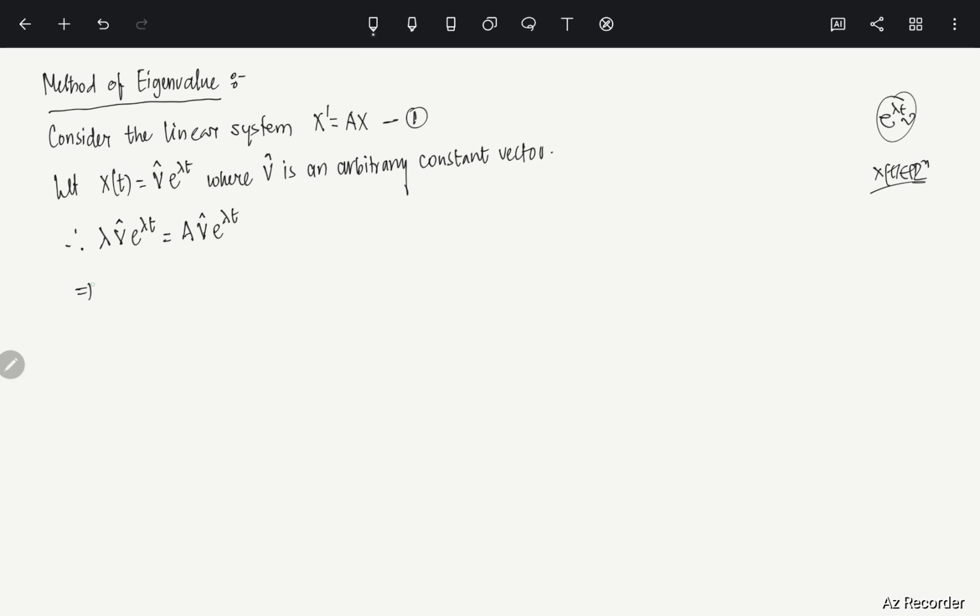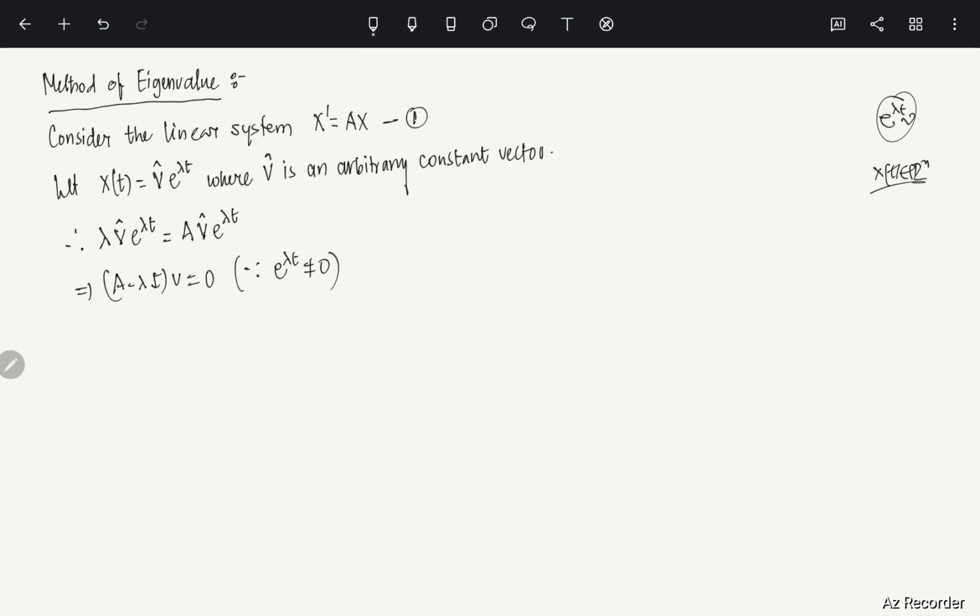Now if we put everything together, it becomes (A minus lambda I) times v equals 0, since e power lambda t is never going to be 0.